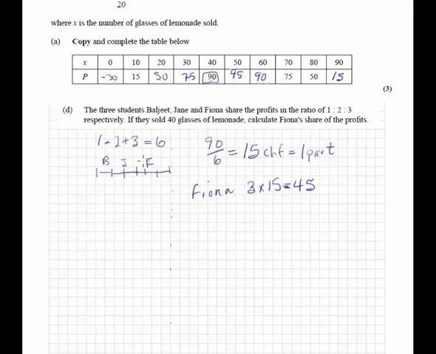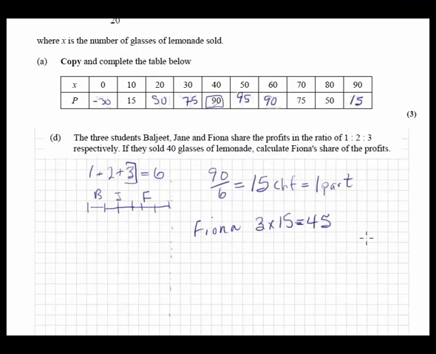And if you want to think about it, she gets... Sorry, got cut off there. Just want to finish this idea that if you think about it, Fiona got 3 parts of the money, and her 2 other friends together got 3 parts. So she, on her own, received half of the profits.